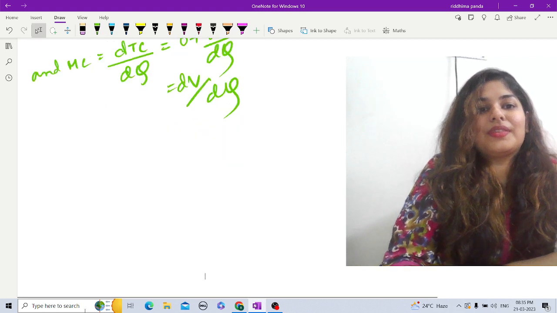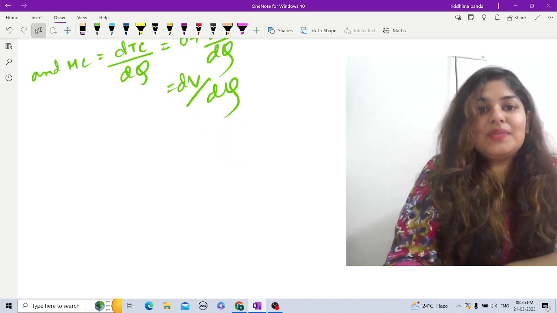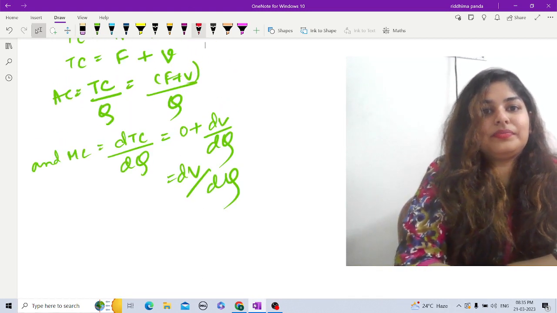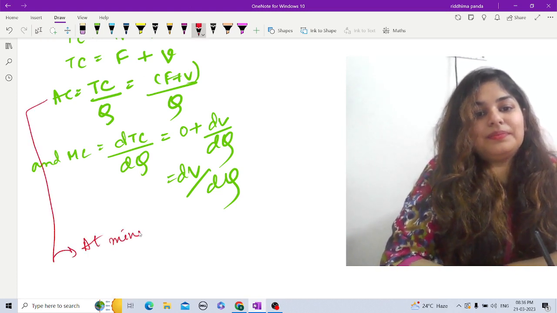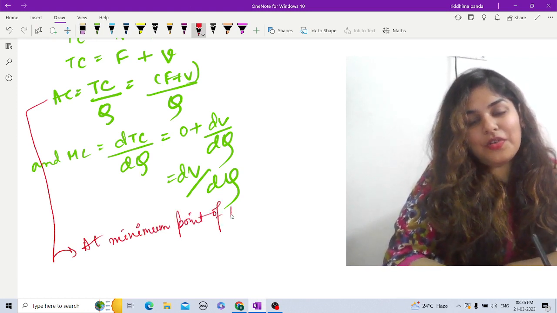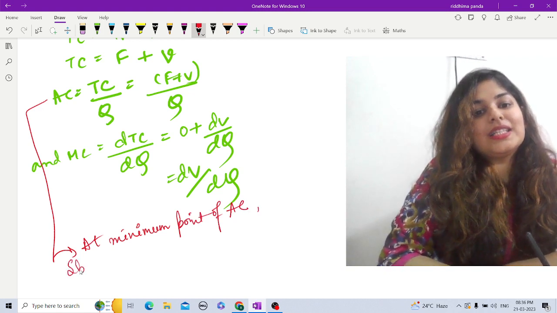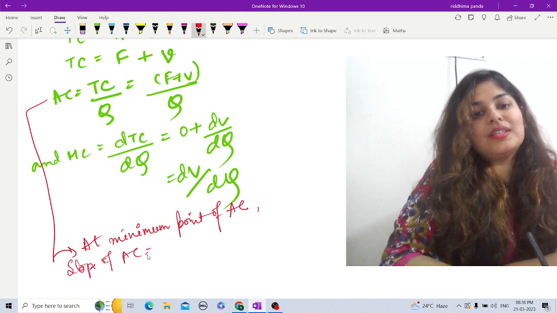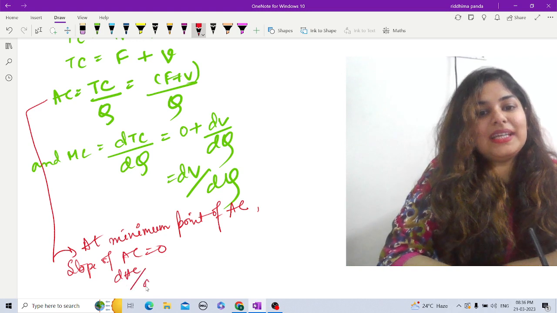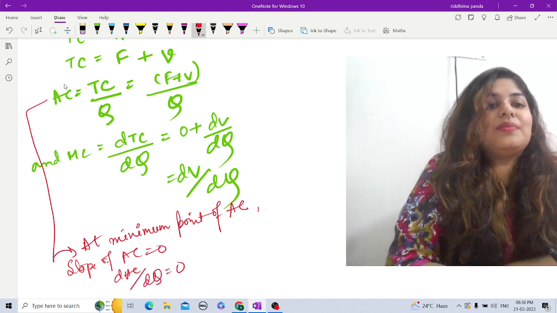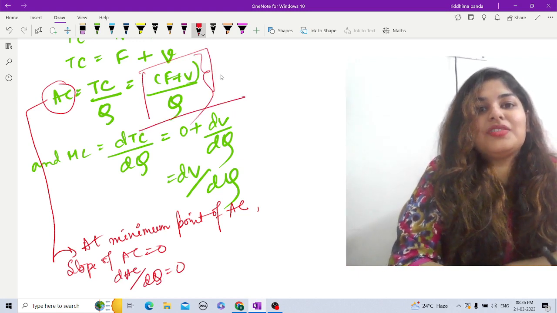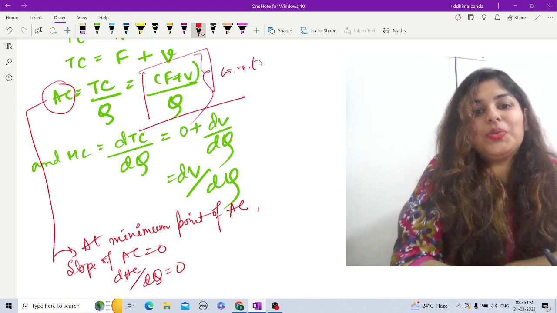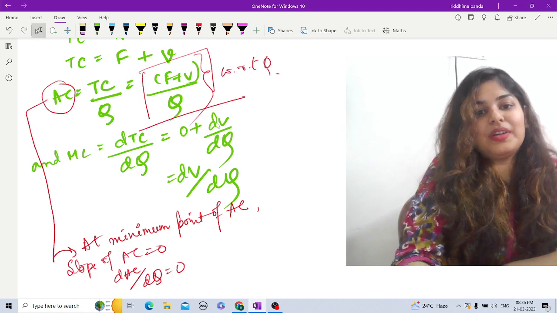Now, at the minimum point of average cost, the slope of average cost is 0. That means dAC by dQ is equal to 0. That means we have to differentiate this with respect to Q. So let's see.